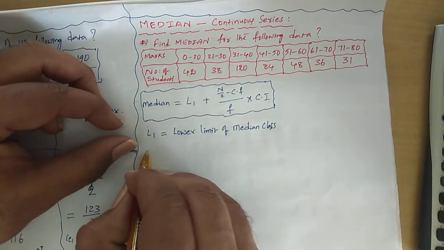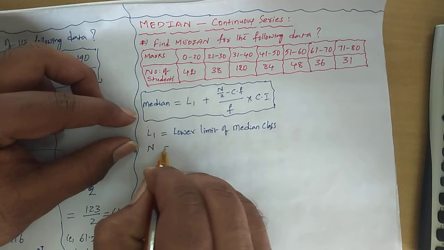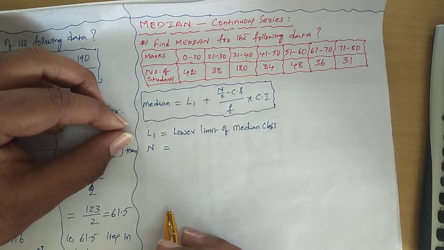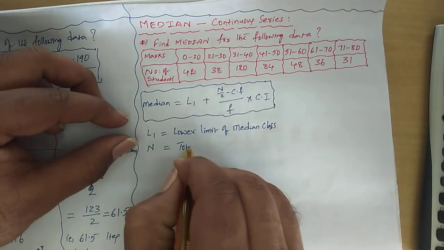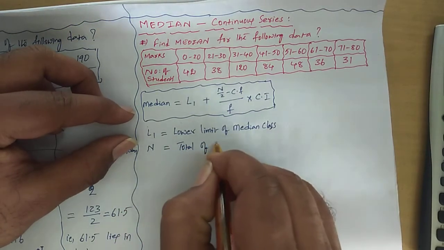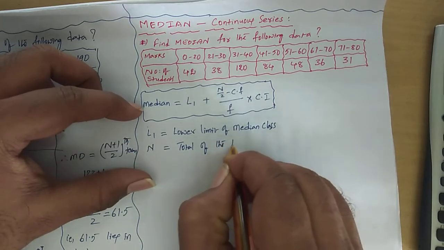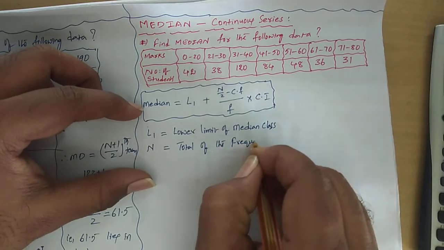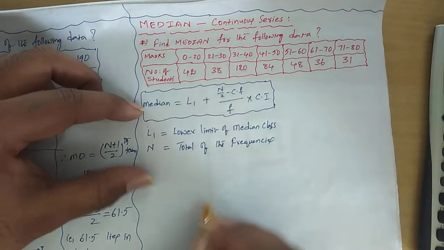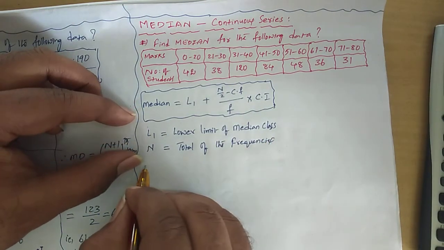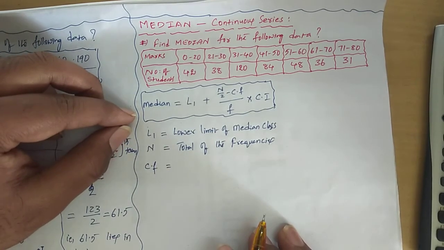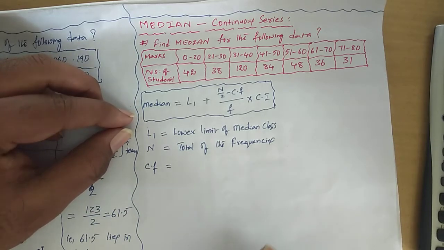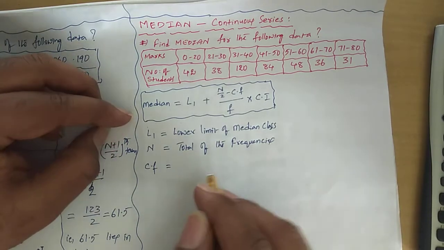The next one is n. You know very well wherever n appears in statistics, it's nothing but the total of the frequencies. Now CF stands for cumulative frequency. Which cumulative frequency? The preceding cumulative frequency of the median class.